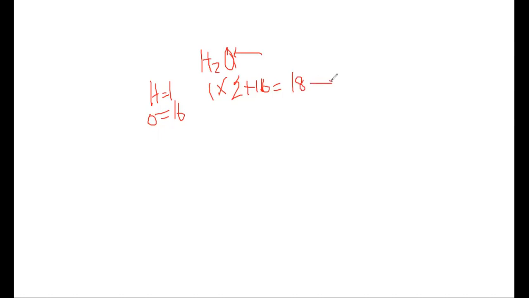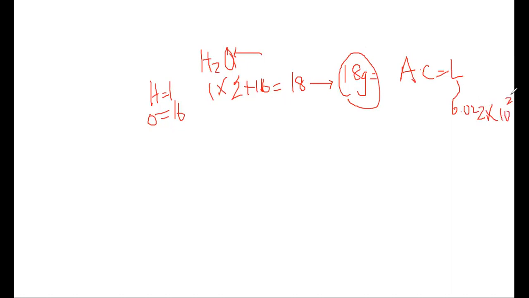If I take this 18 gram, how many molecules will you have in 18 gram? Avogadro constant, and that is L. What is the number? 6.022 times 10 to the power 23. And this will be 1 mole.